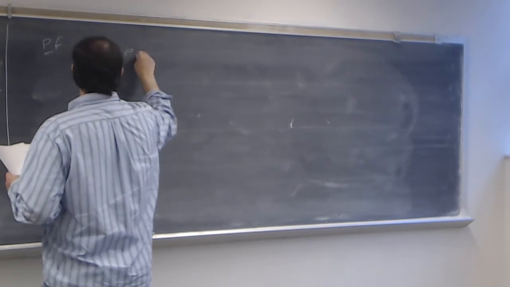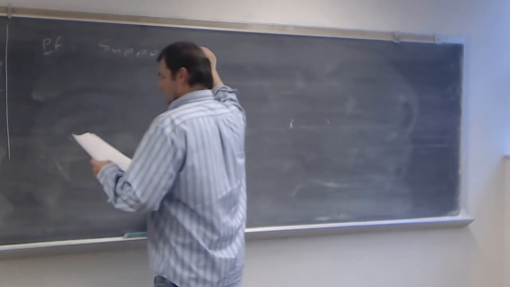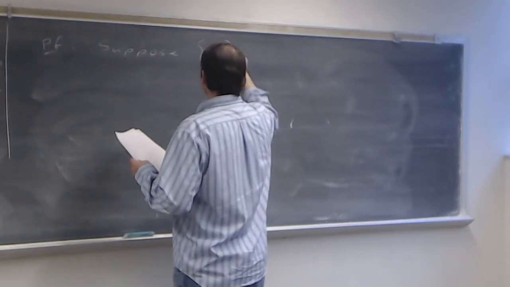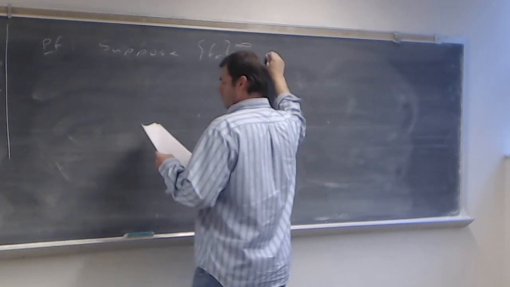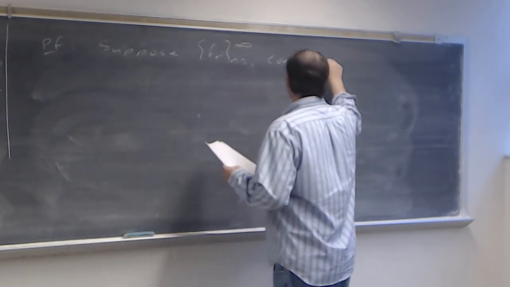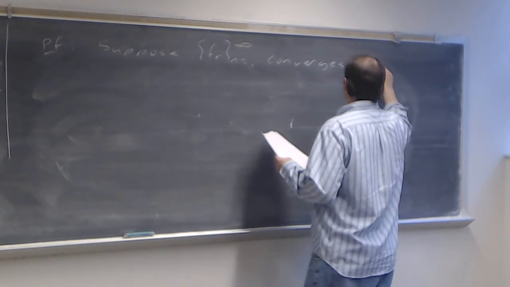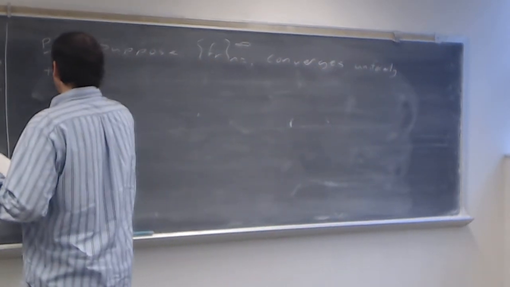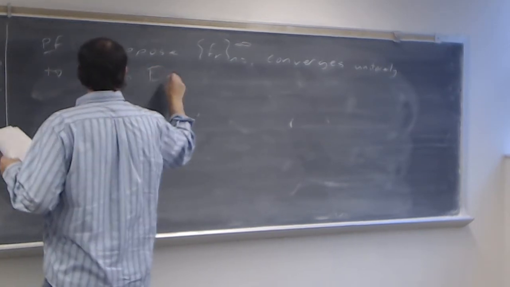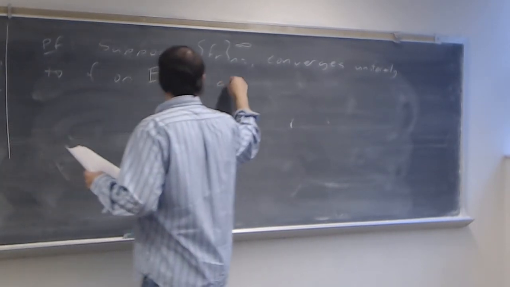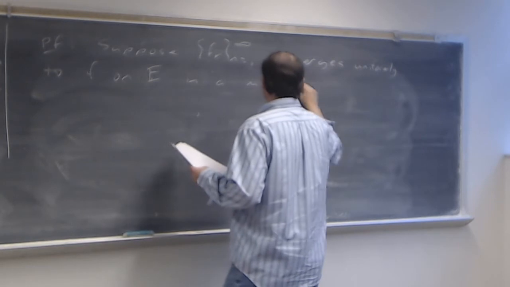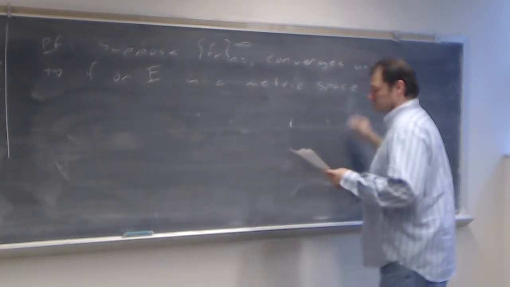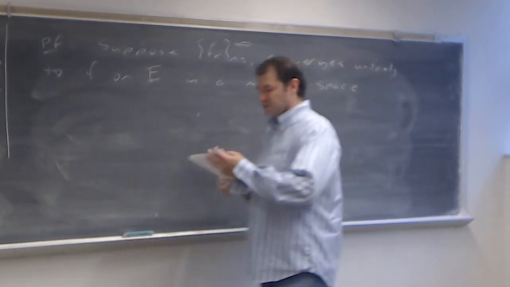Okay, so we're going to suppose that f sub n converges uniformly to f on E in a metric space. So E is in a metric space.